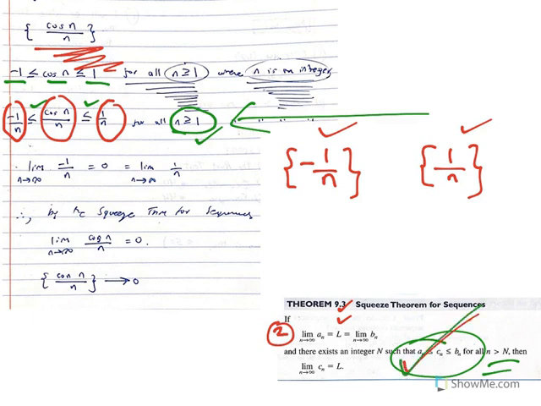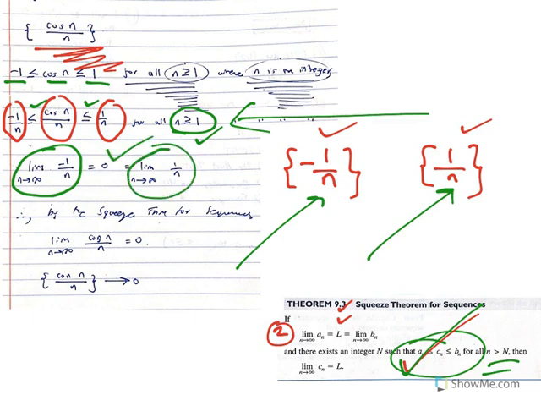Now we have to show that condition number 2 of the squeeze theorem for sequences is satisfied. So now we look at the limit of the nth term of this sequence as n goes to infinity, and then we look at the limit of the nth term of the other sequence as n goes to infinity, and we want to see if they're the same. And of course they are, because the limit as n goes to infinity of each of these two sequences is equal to 0.